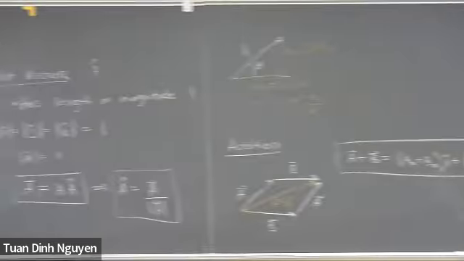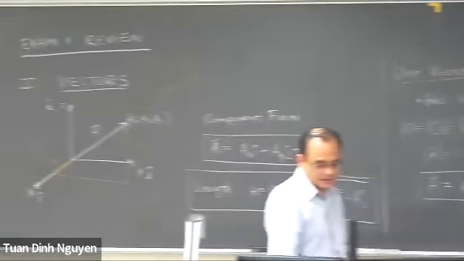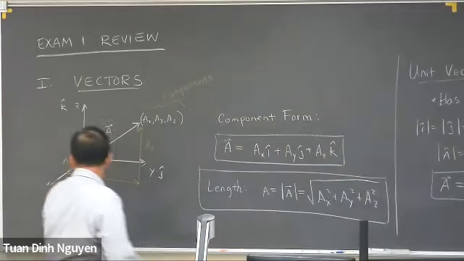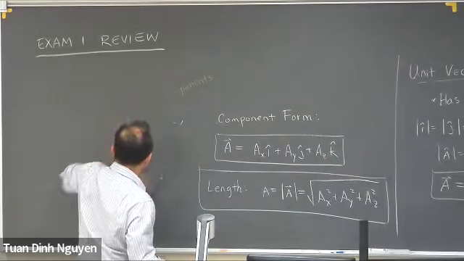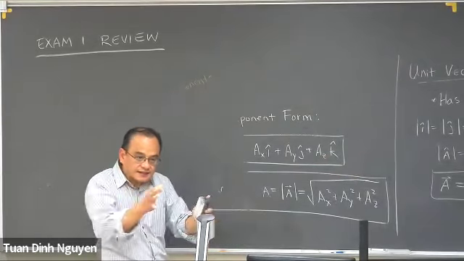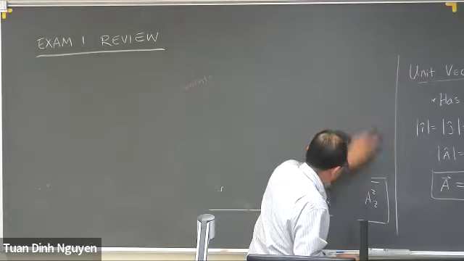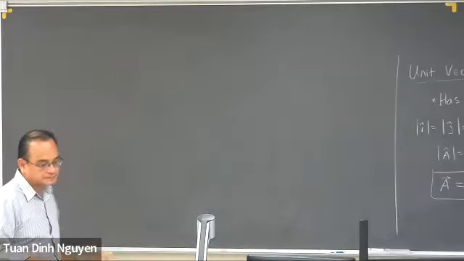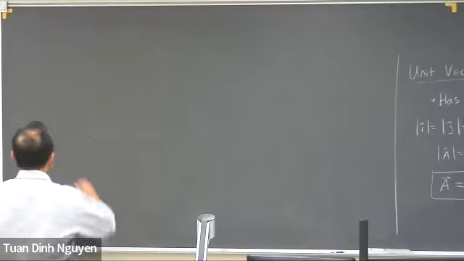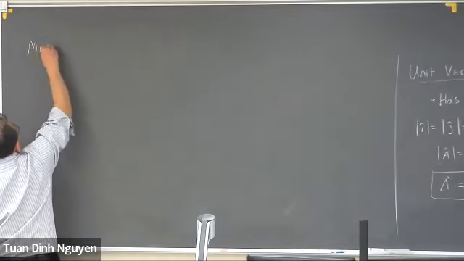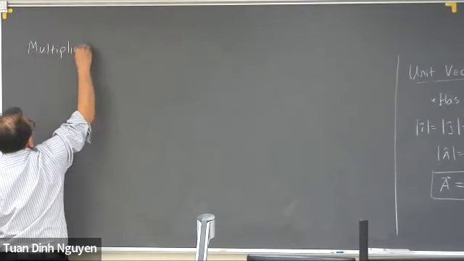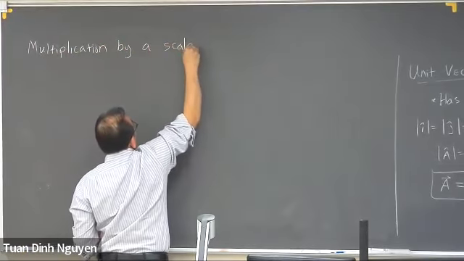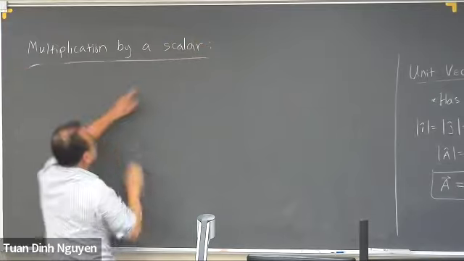The last thing we can do with vectors is multiply, a simple form of multiplication called scalar multiplication, and all you're doing there is increasing or decreasing its length. So remember, scalar is just a number.